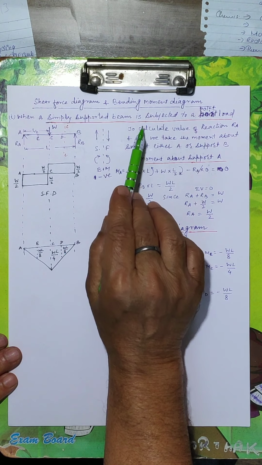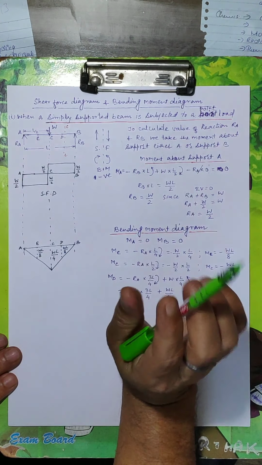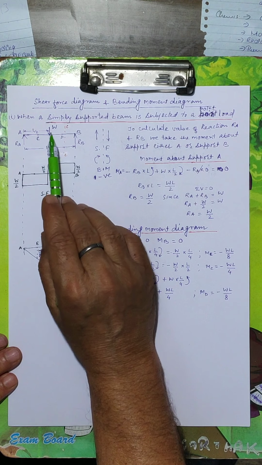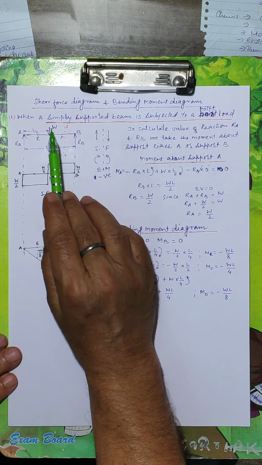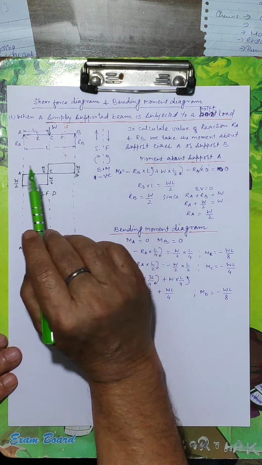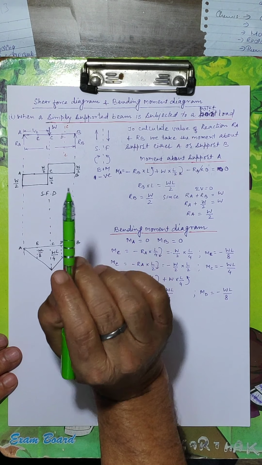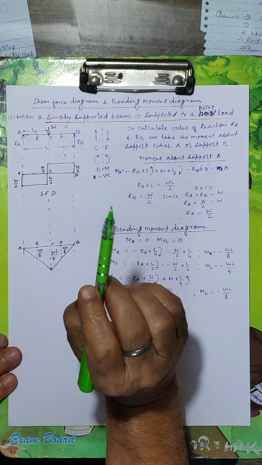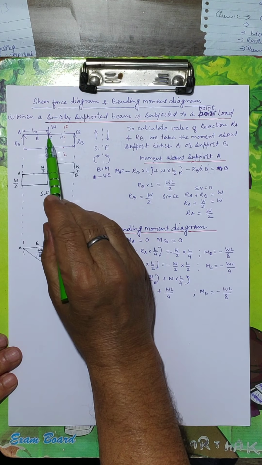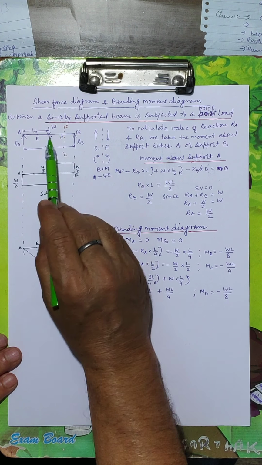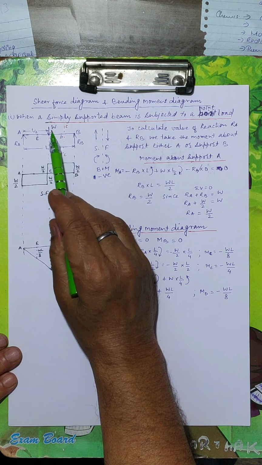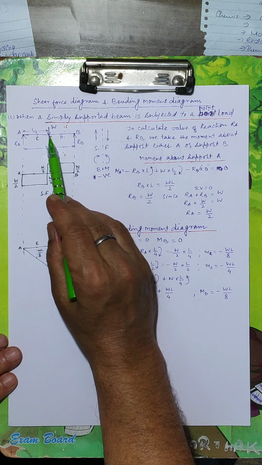A simply supported beam is subjected to a point load. Here the point load is W, capital W. Point load means the load which acts on a point of the beam. Here C is the point where the load W is acting, so this is called a point load.